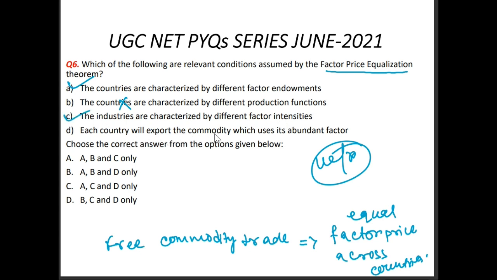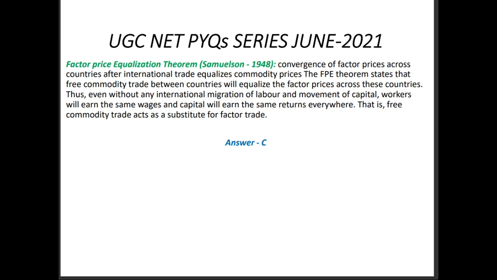Yes, and each country will export the commodity which uses its abundant factor. मतलब जो फैक्टर abundant है वो फैक्टर इंटेंसिटी गुड को country एक्सपोर्ट करेगा. So this is one of the assumptions. So A, C, D is the correct answer. Option C is the correct answer here. Now what is the next question?